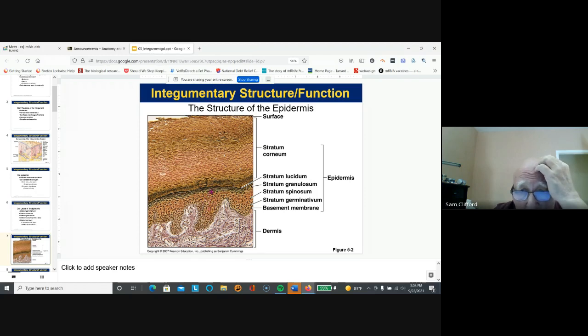These are melanocytes, not myelin, melanin-producing cells. Melanin is a dark pigment that when you get sunburn, that's why you get darker skin, because the melanin from the melanocytes is trying to block that UV radiation and to stop you from burning too badly.